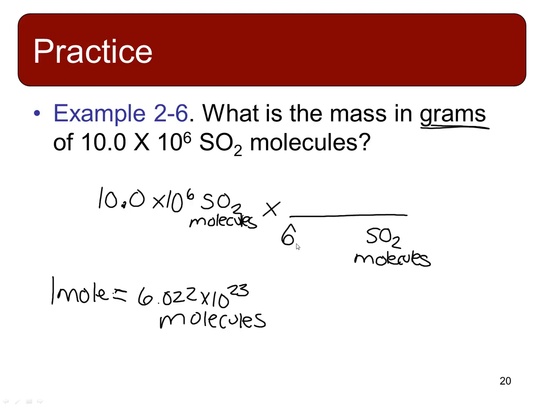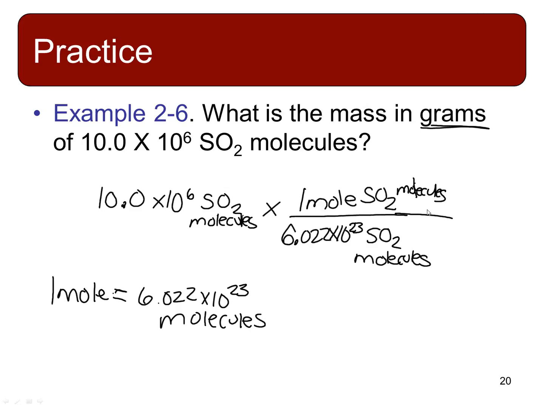So in 6.022 times 10 to the 23rd molecules, there is 1 mole. So the molecules, Avogadro's number now is going to be canceled out, and we have molecules in the denominator.